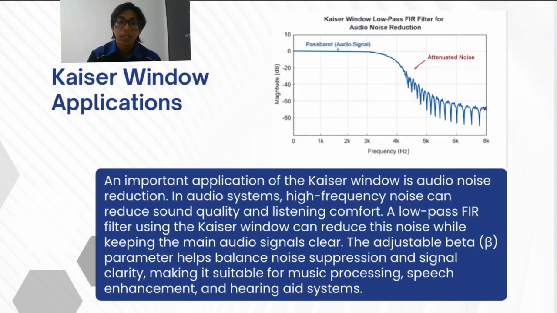A low pass FIR filter using the Kaiser window can reduce this noise while keeping the main audio signals clear. The adjustable beta parameter helps balance noise suppression and signal clarity, which makes it suitable for music processing, speech enhancement, and lastly, hearing aid systems or any other sound.